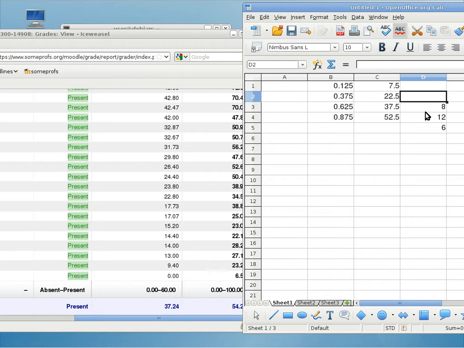These are from 7.5 points to 22.5 points. Well, we only got one person getting a 0. Yep, that's the right one. So we got 1, 2, 3, 4, 5, 6, 7. 7 people getting D's, and apparently one person is getting an F.